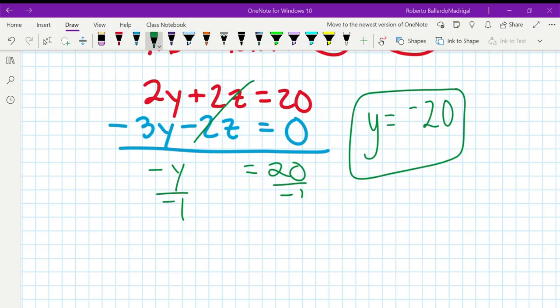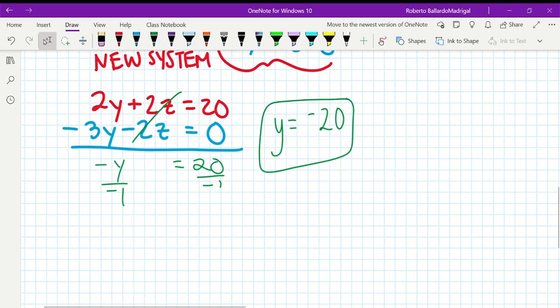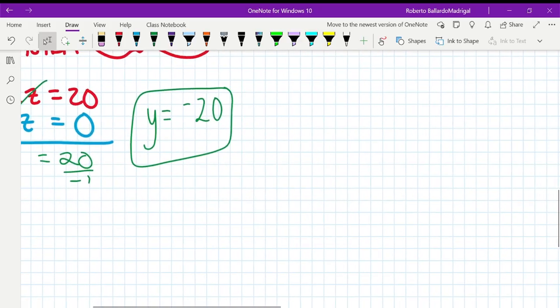All right. So now that we have y equals negative 20, we're going to take that value of y and plug it into one of these two equations that we got from our new system. Do you have a preference? Would you like to do the first or the second equation? First equation. So 2y plus 2z equals 20.